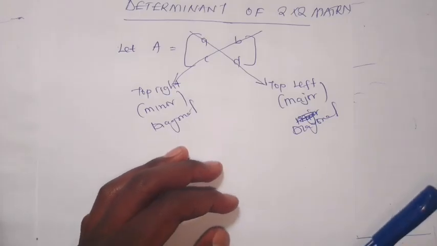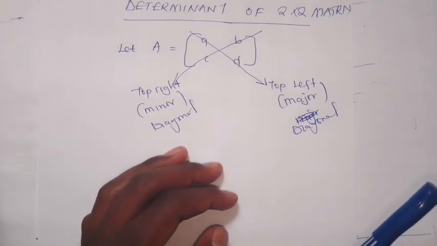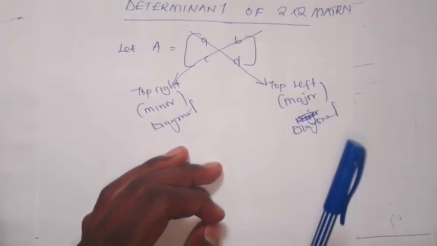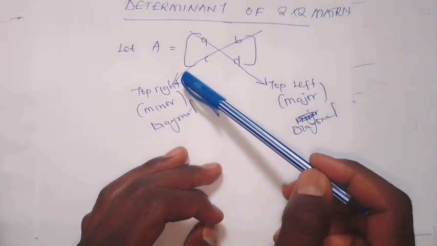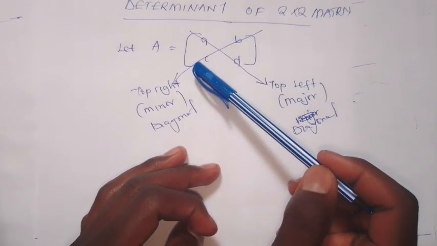The next thing, multiply the elements in the minor diagonal. In the minor diagonal we have B, C. So you multiply B times C, you are going to have BC.